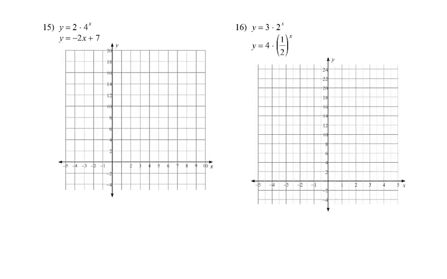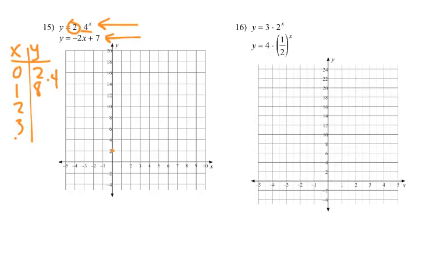Okay, now we've got a linear equation and an exponential. So now we're making it a little more difficult, but still start out graphing them. So exponential, we start at 2, so 0, 2. And then we're timesing by 4. So 0, 2, times by 4 gives us 8. So 1, 8, times by 4 would be 32.